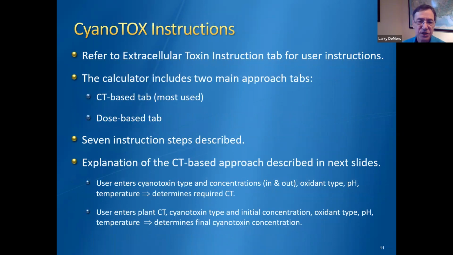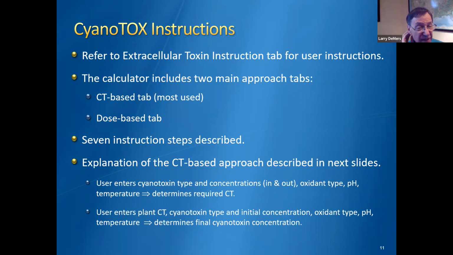As far as the instructions, there is an instruction tab in the spreadsheet. Again, I encourage users to read that first. It doesn't take too long to read through the steps and how to use the spreadsheet. The calculator includes two main approaches to assess your system. There's a CT-based approach, which is most often used.